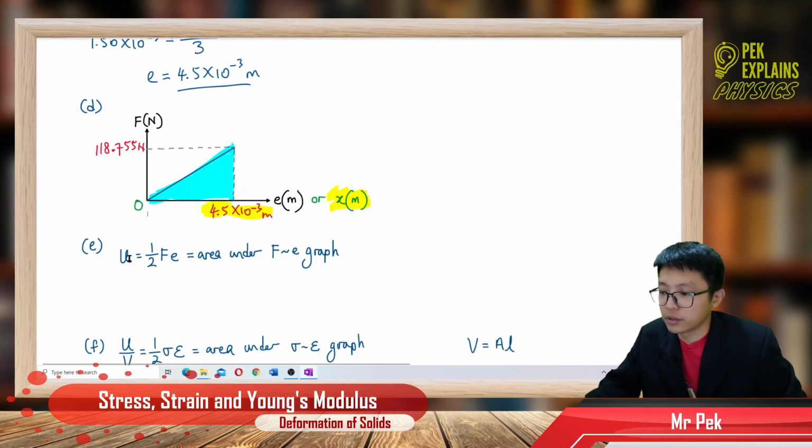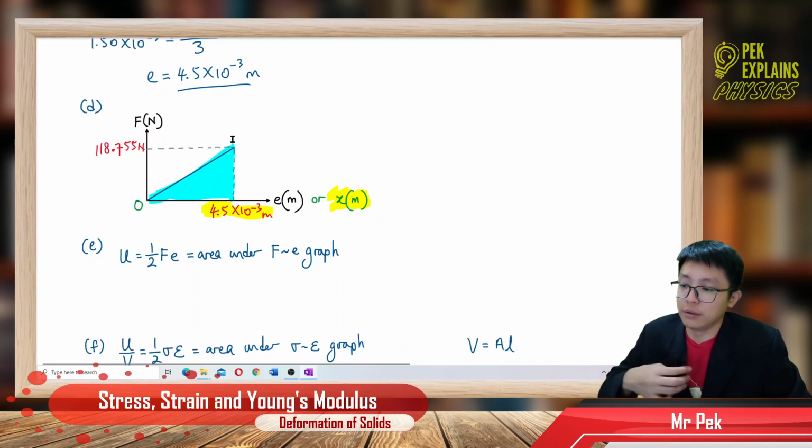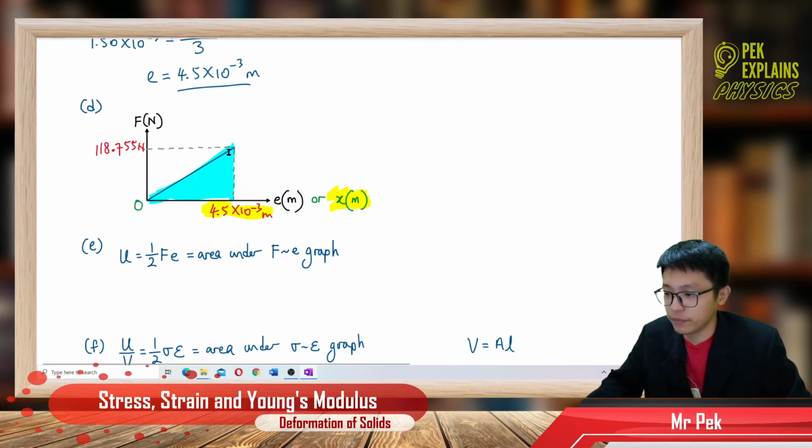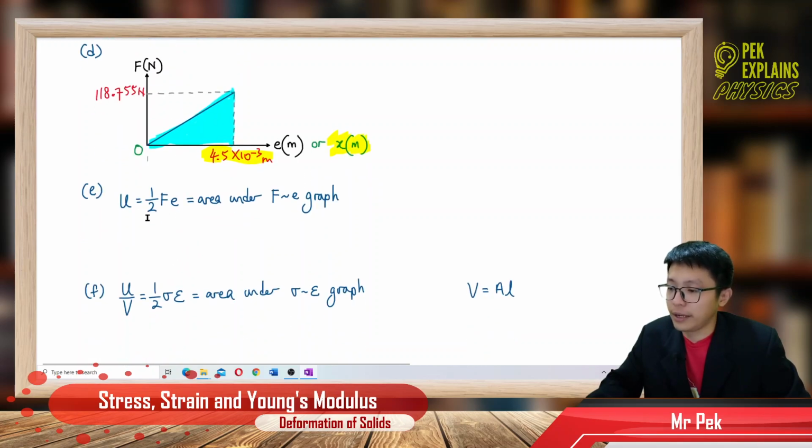The strain energy is the area under the FE graph, which we have just built. The area under the FE graph is half FE, half times force times elongation. So just take this force and this elongation, multiply by half, you get the answer.